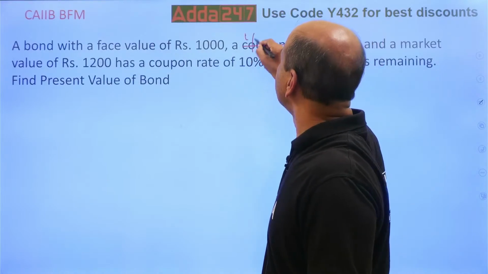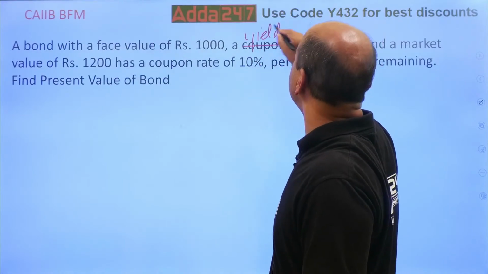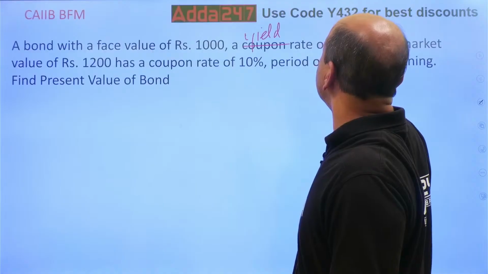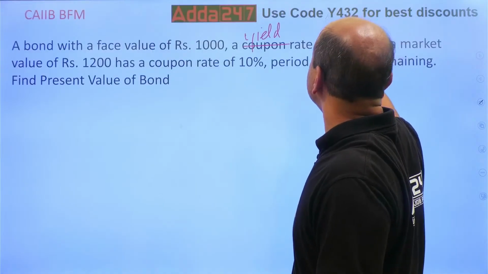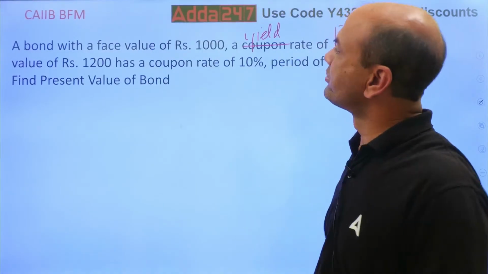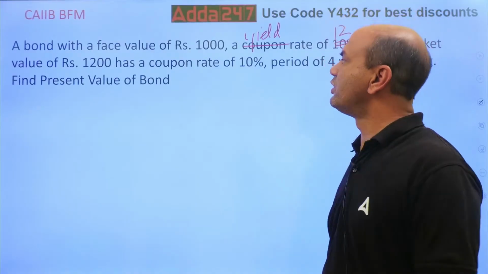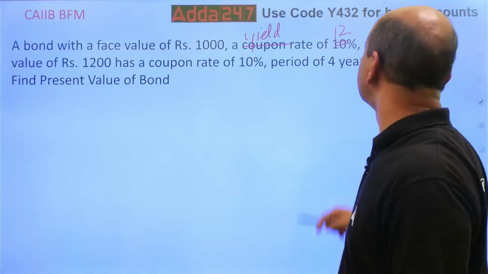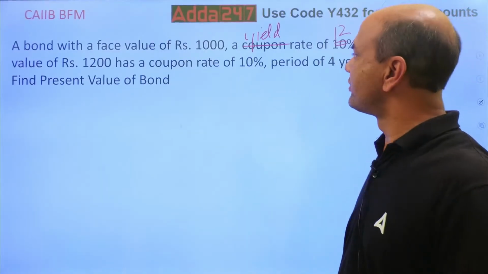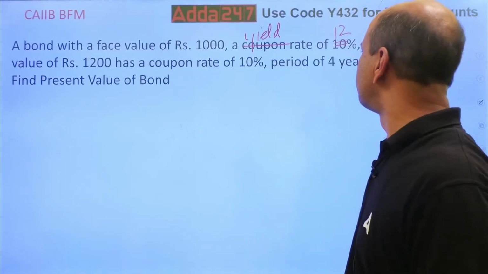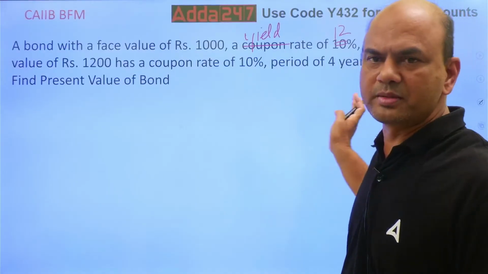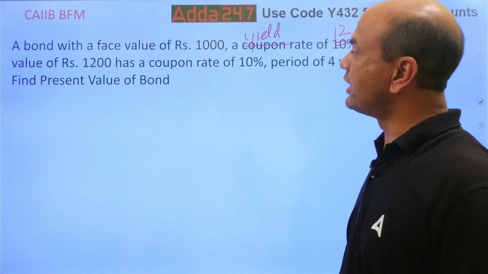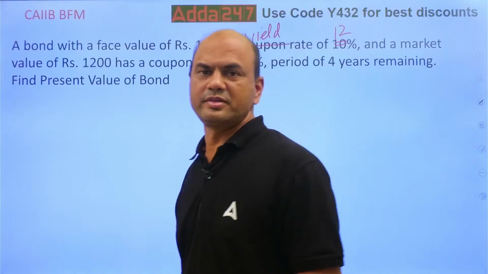Yield, we'll call it a yield of, let's say, 12%. It's a typo error. So a bond with a face value of 1000, yield of 12%, market value of 1200 and coupon rate of 10%. The period is 4 years remaining. So now find the present value of the bond.